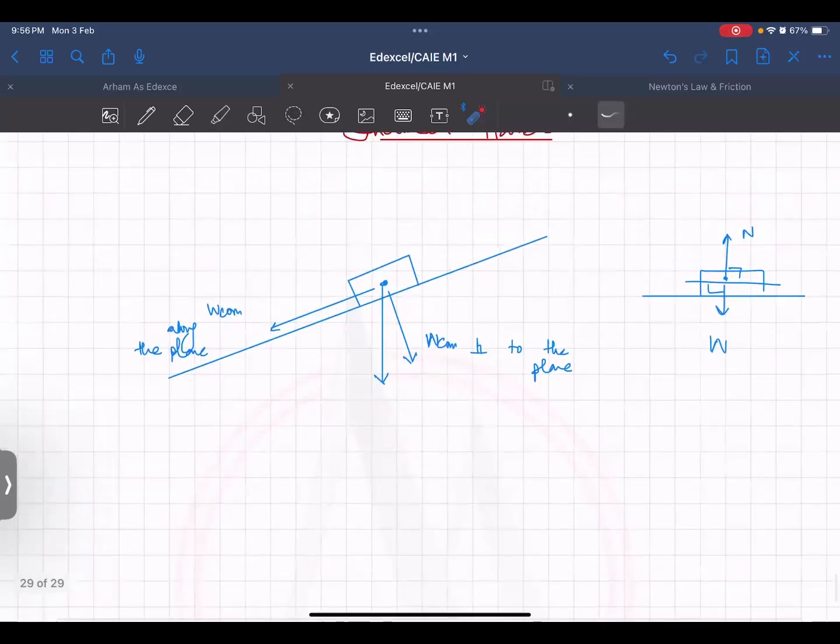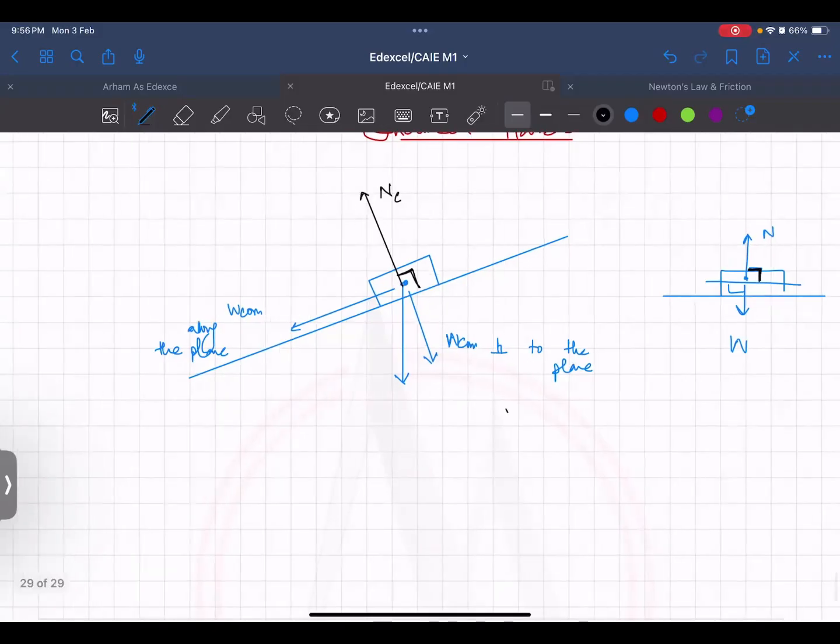And there is a normal contact force like this, which is directly opposite to the weight component perpendicular to the plane. Normal contact force is always perpendicular to the surface. Look, this one is also perpendicular to the surface.